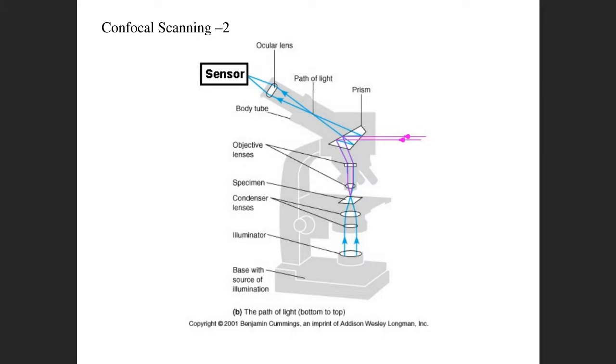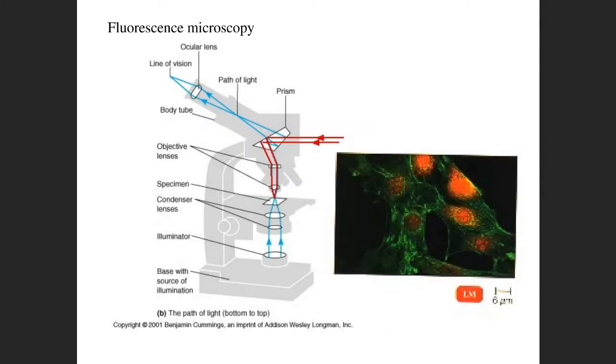Okay, so because laser focuses, now the earlier I said the problem with fluorescent light is this green light is very, very weak. And so what you then do is if you replace the fluorescent light source with a laser light, then that's even stronger, right?